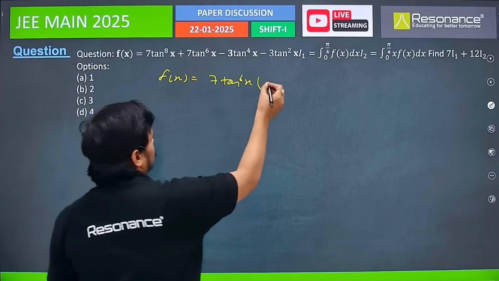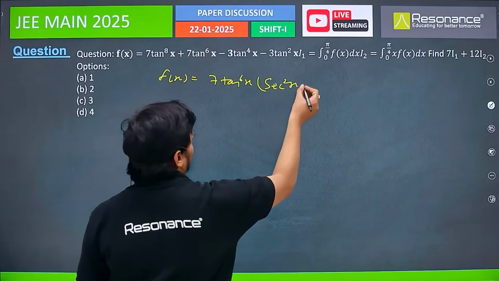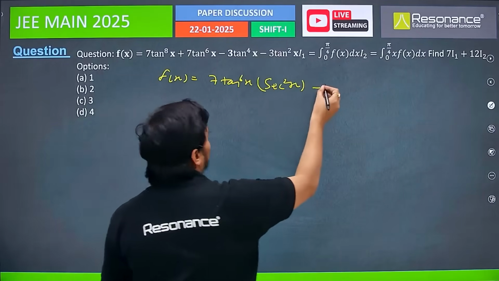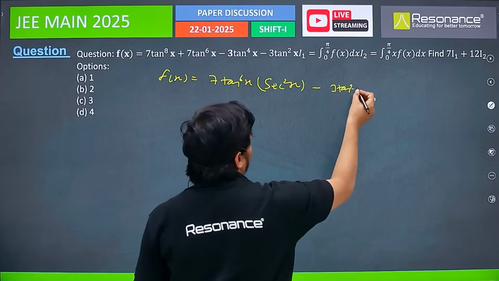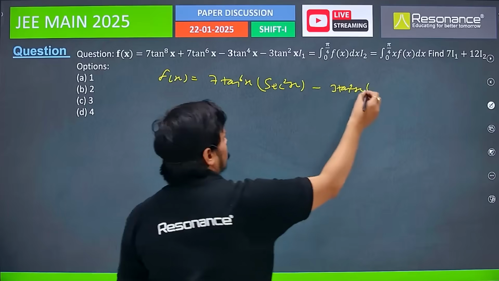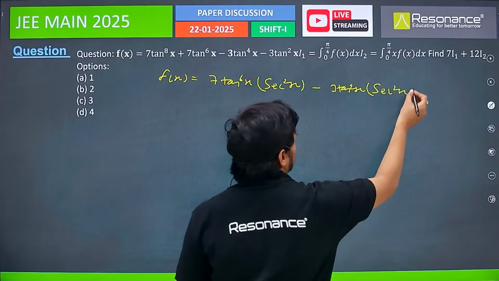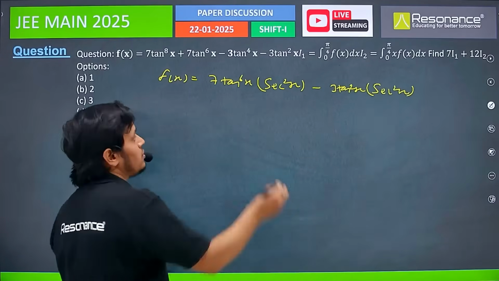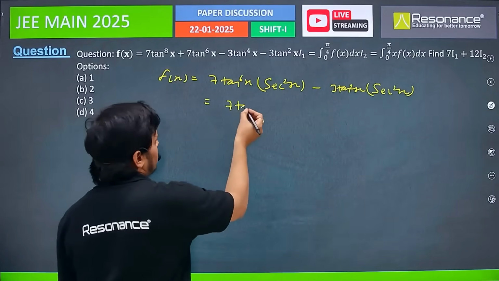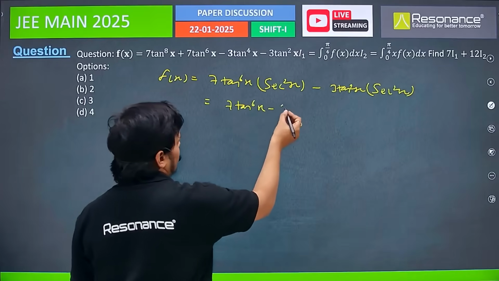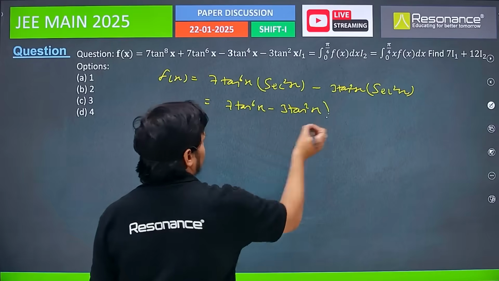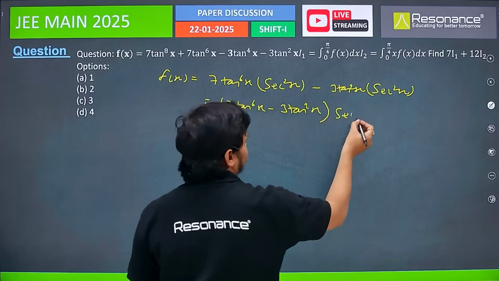So tan²x + 1 can be written as sec²x. In these two, -3 tan²x is common, then again tan²x + 1 can be written as sec²x. Okay, now sec²x common, we are getting (7 tan⁶x - 3 tan²x) sec²x.